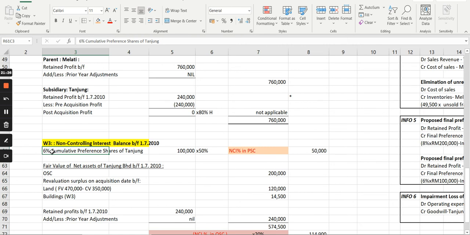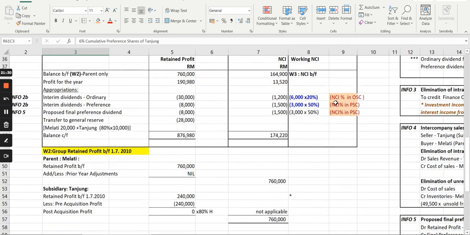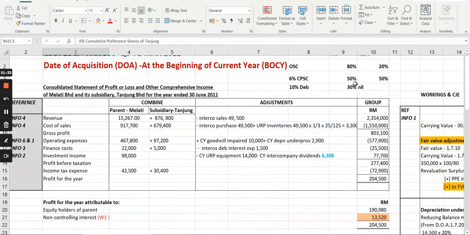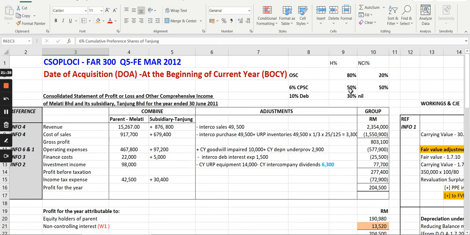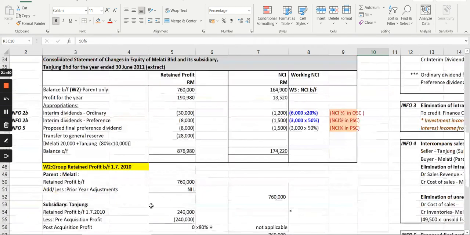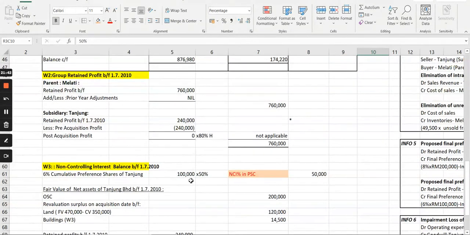If the non-controlling interest is also available for the cumulative preference shares, in our case, the portion acquired was 50%, the portion remaining to the non-controlling interest was also 50%. So out of that, the preference shares were 100,000 ringgit. 50% is the non-controlling interest percentage, and therefore 50,000. So this 50,000 is the non-controlling interest brought forward relating to 6% cumulative preference shares.